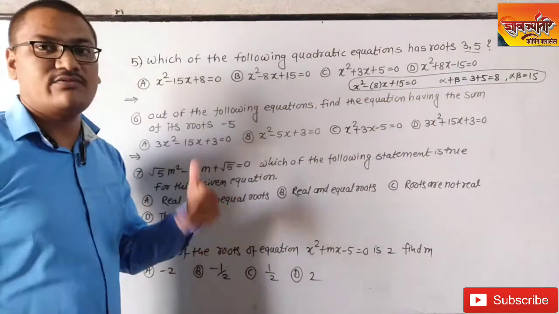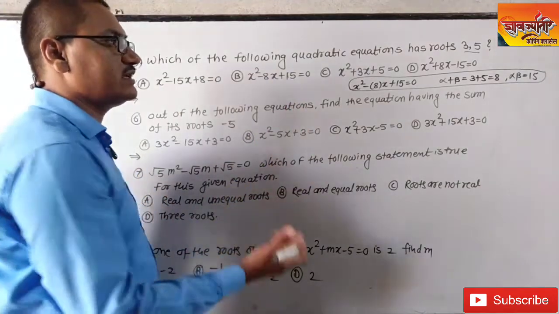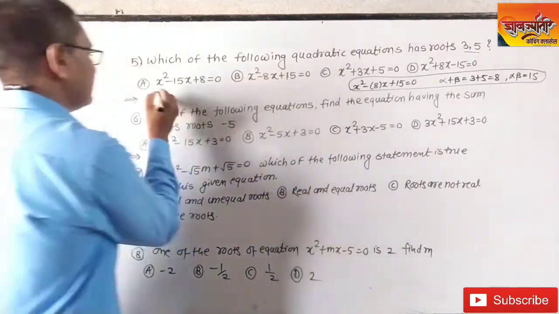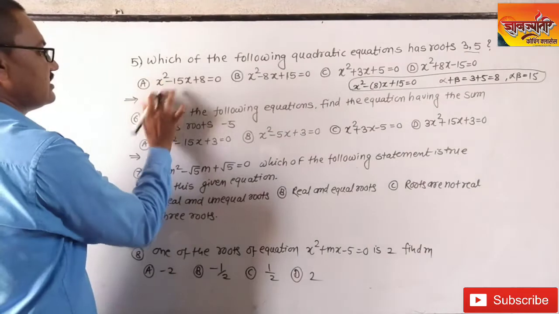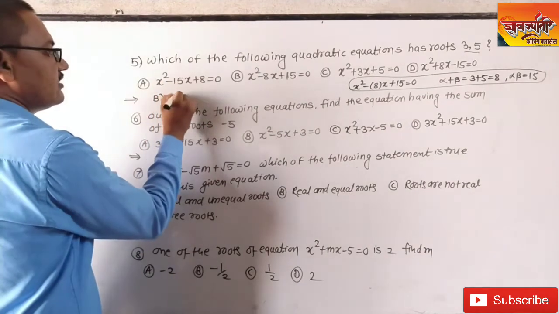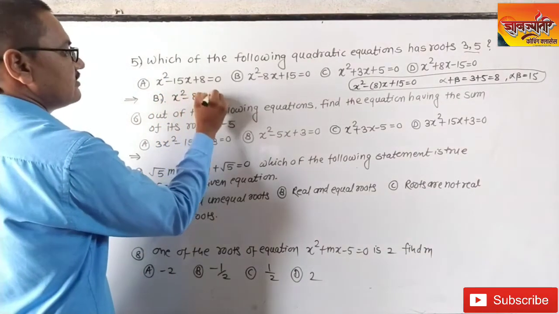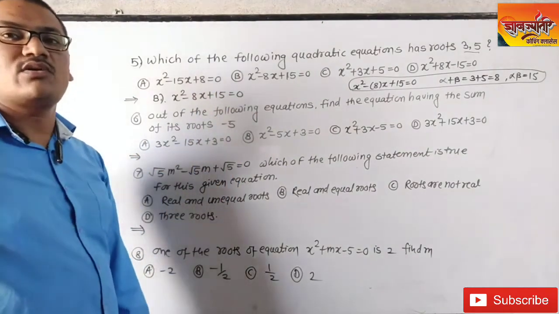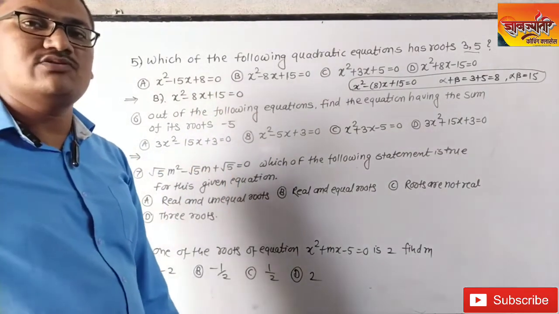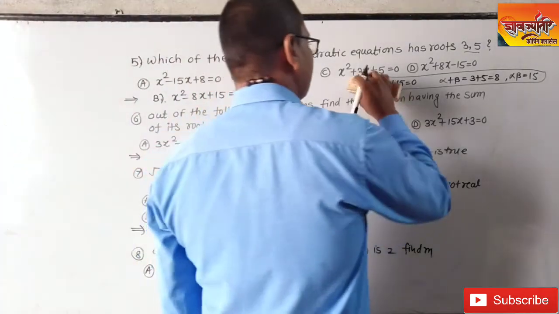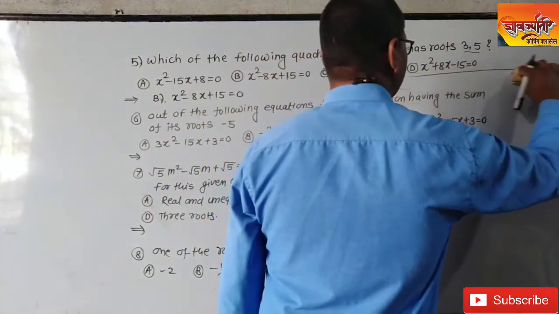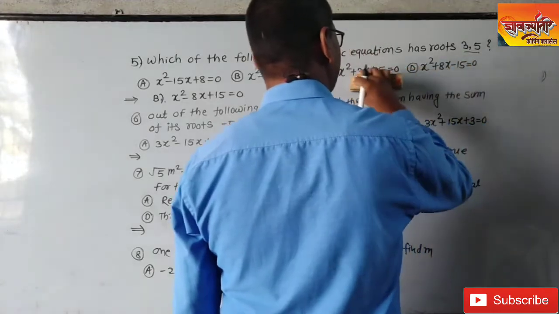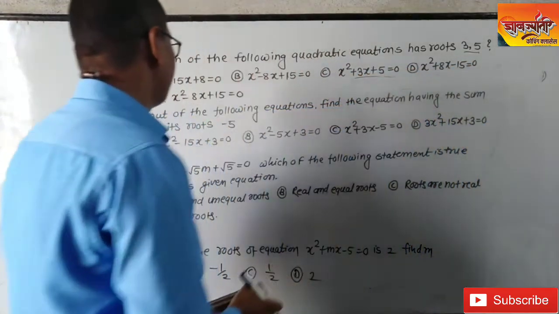The correct answer is option B, which is x square minus 8x plus 15 is equal to 0. This is the required quadratic equation form. This is the solution of the given equation by using the given method. Then take the next problem.